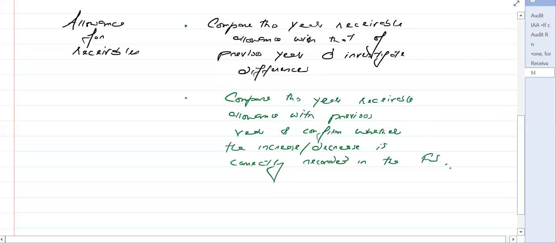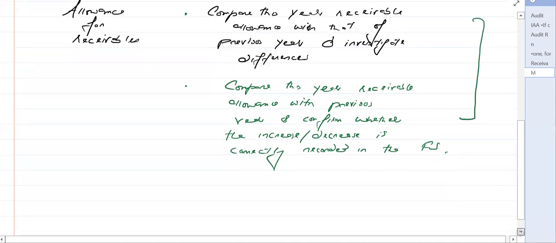If the allowance is increasing, it is recorded as an expense. So debit expense and credit goes to the allowance. It increases. And decrease is the difference. It's a reversal of expense, and it also decreases the allowance in the allowance ledger. So we can write these procedures in two ways.